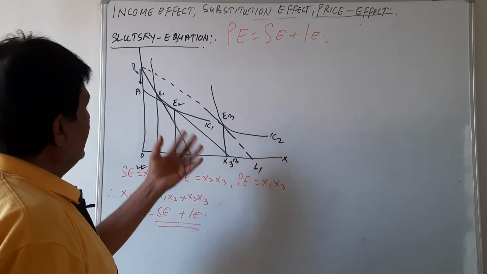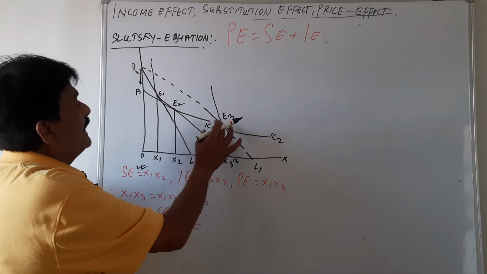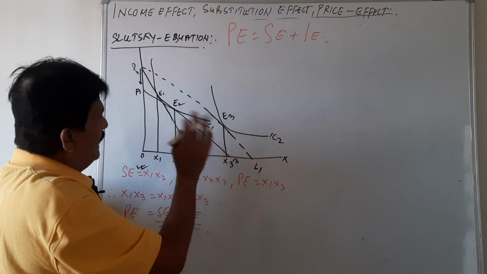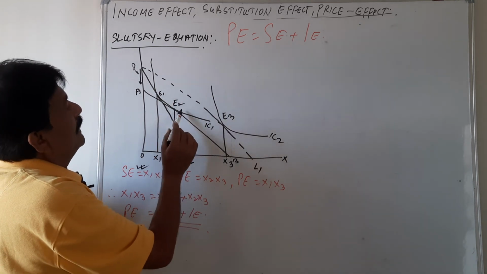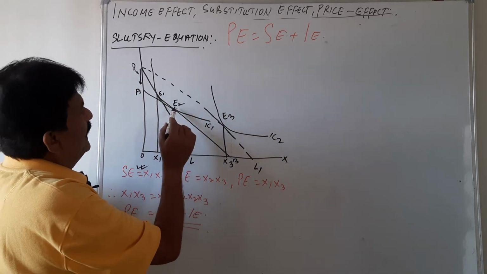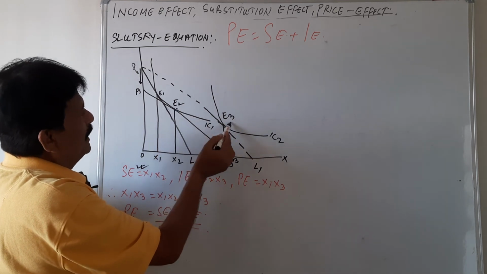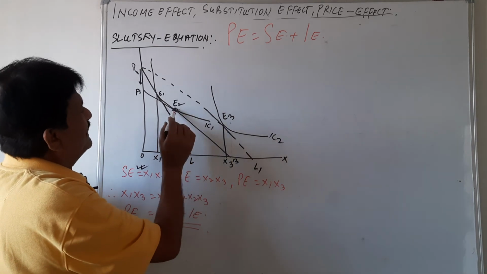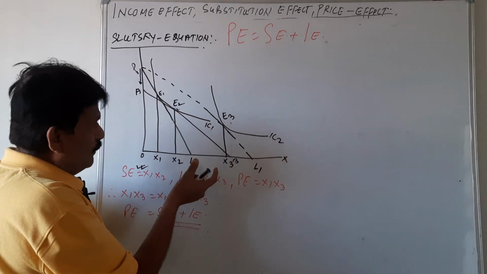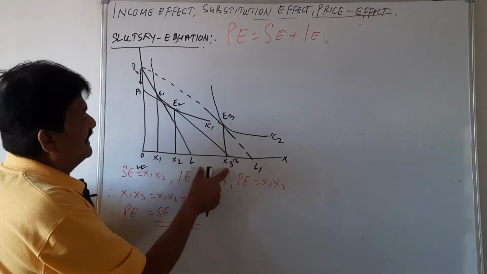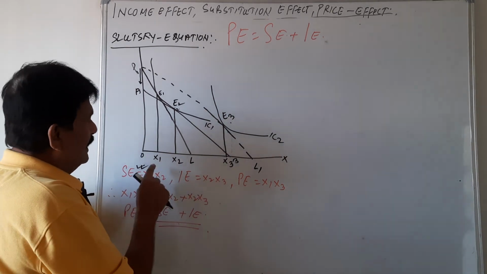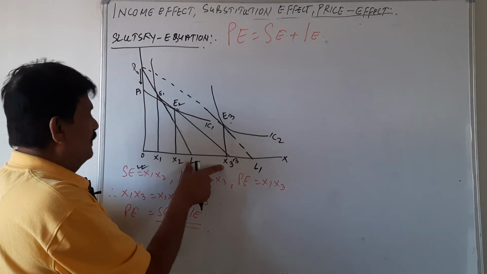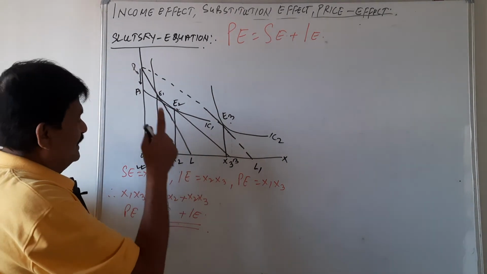Now, to finally find the income effect: the income that was withdrawn from the consumer, if it is given back, the consumer will jump from point E2 to E3, and this movement from E2 to E3 is the income effect, or in quantitative terms X2 to X3. So X1, X2 is the substitution effect, X2, X3 is the income effect, and X1, X3 is the price effect.